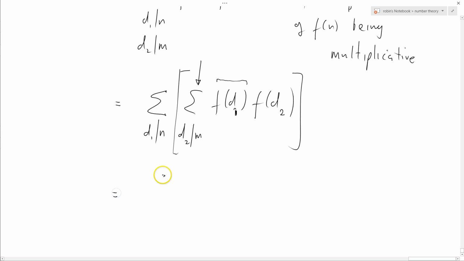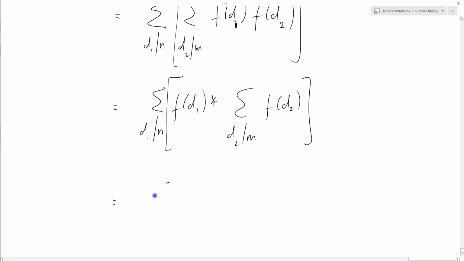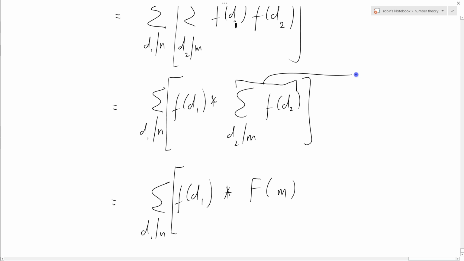So it's sigma d1 divides n, f of d1, times, in brackets, sigma d2 divides m, f of d2, which equals sigma d1 divides n, f of d1, times f of m. See that? This thing here is by definition capital F of m.